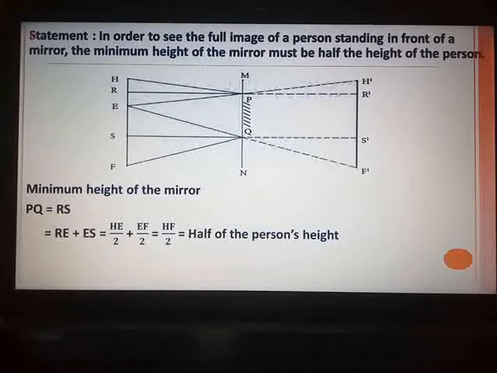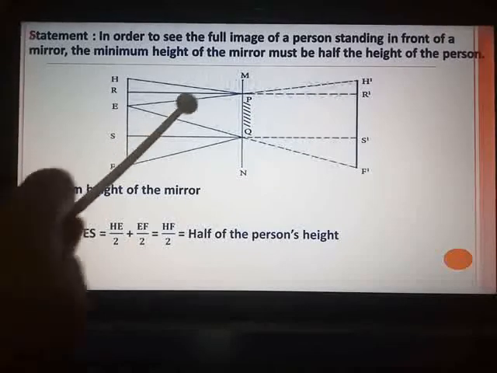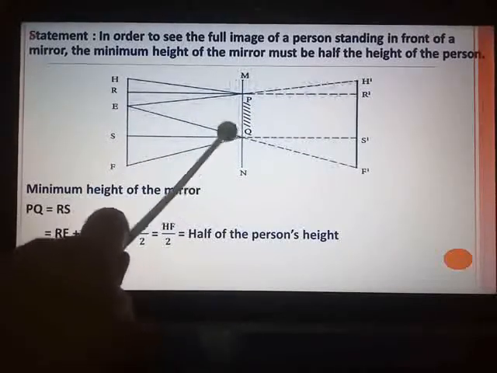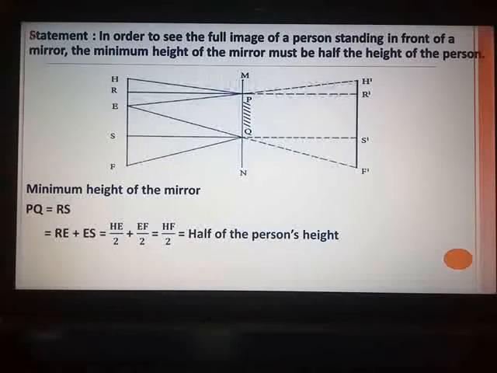Find out why. So the minimum height of the mirror PQ is equal to RS, which is equal to RE plus ES. RS is what? RE plus ES.